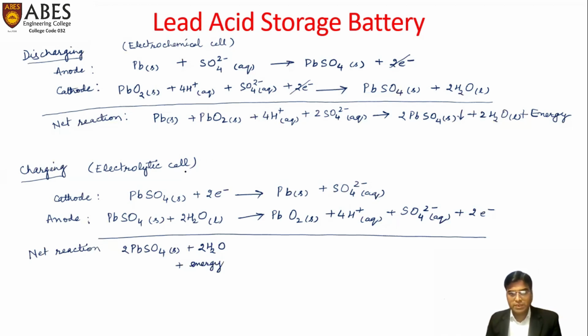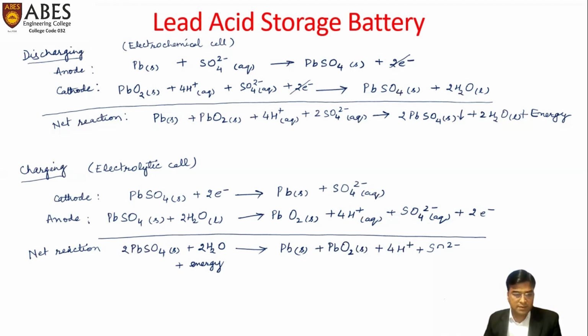To get that energy stored in the chemical form, it converts to Pb solid plus PbO2 solid. So this is the net reaction for charging cycle.